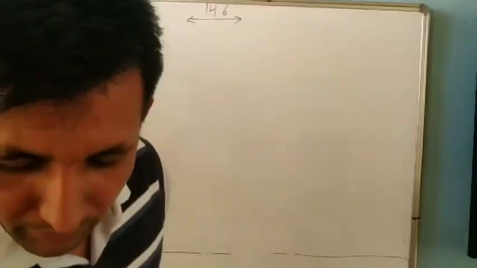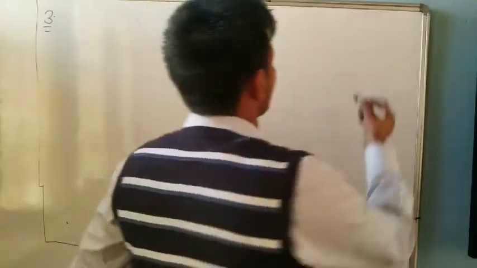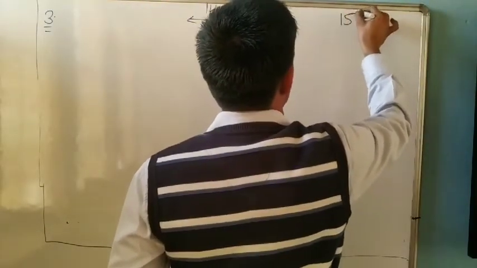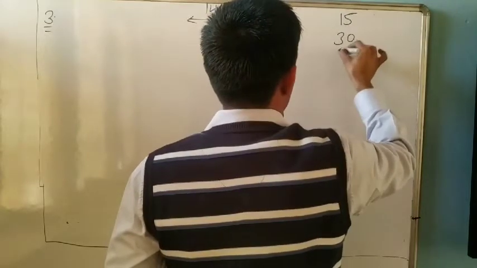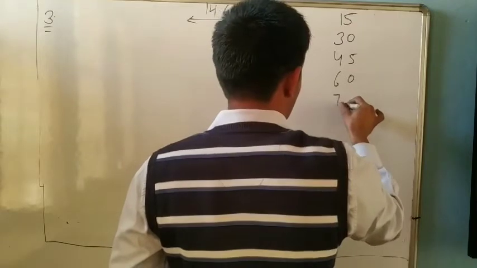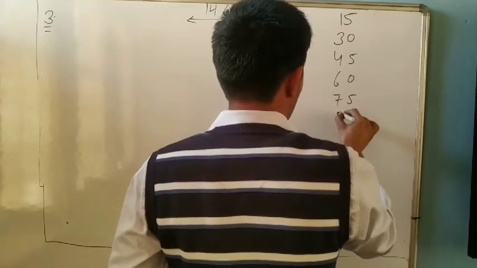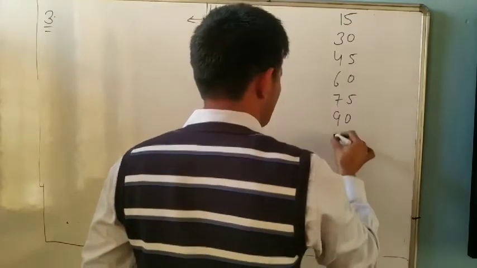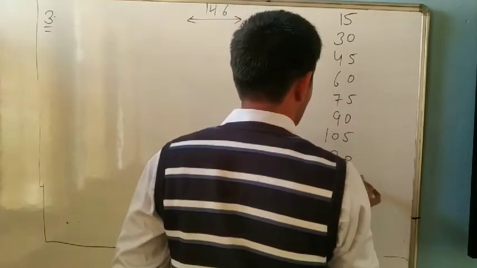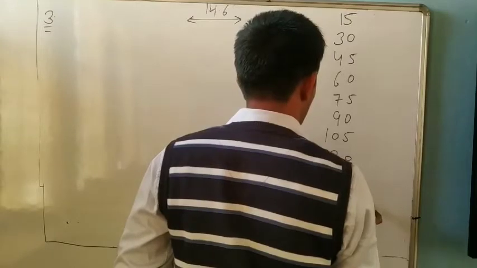You have to remember the table of 15 and 30. Table of 15: 15, 30, 45, 60, 75, 90, 105, 120, 135 and 150.